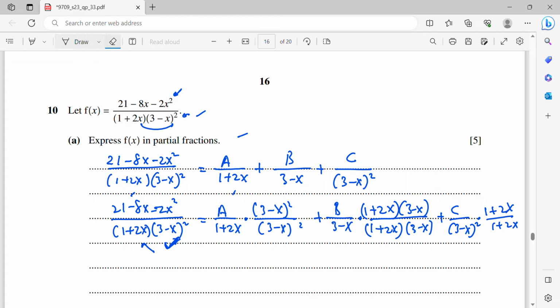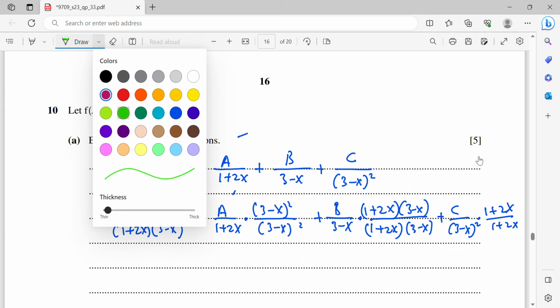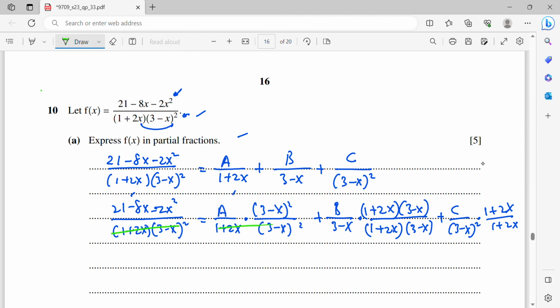Okay, so now you will notice that all the denominators are the same. That means we can just cancel the denominators and write down all the numerators.